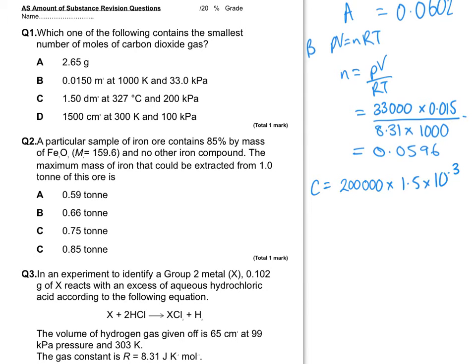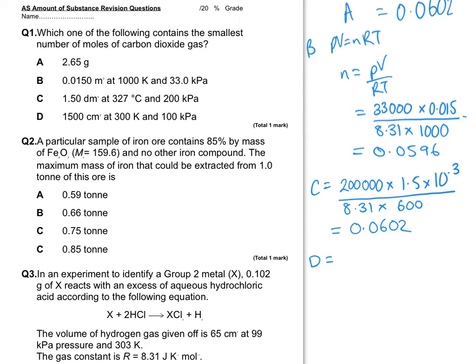To convert from decimetres cubed to metres cubed, you want to divide by 1,000, which is the same as times 10 to the minus 3. Gas constant still the same, and in this one the temperature is given to us in degrees C, so you need to convert it to Kelvin by adding 273. That gives us a total number of moles of 0.0602.